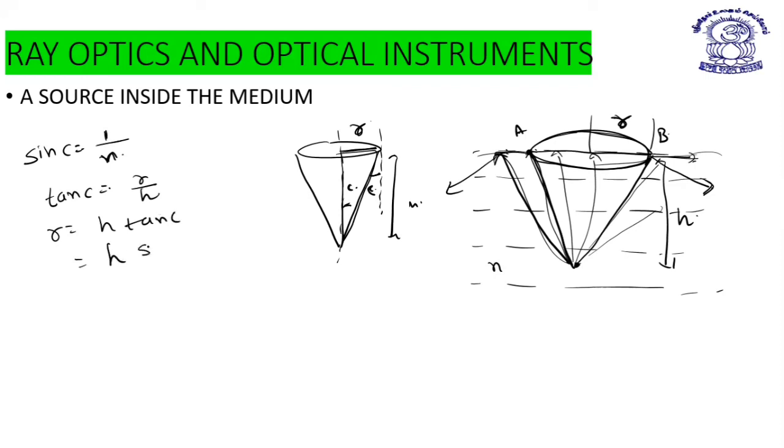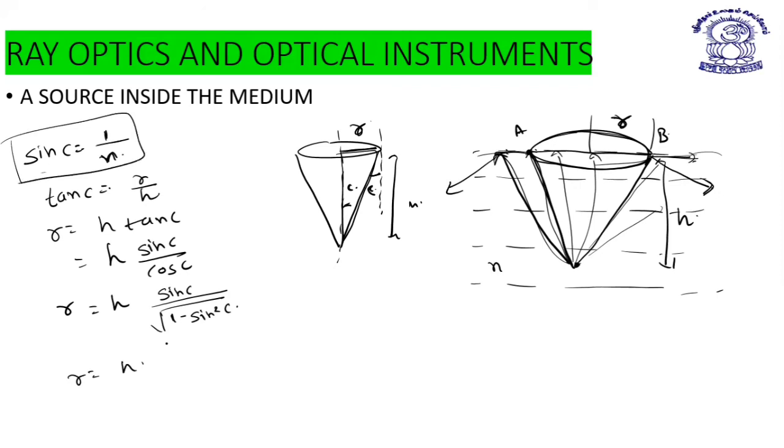Tan C can be written as sin C upon cos C, which can be written as sin C upon under root 1 minus sin square C. But sin C is 1 upon n, so put the value: 1 upon n divided by under root 1 minus 1 upon n square.